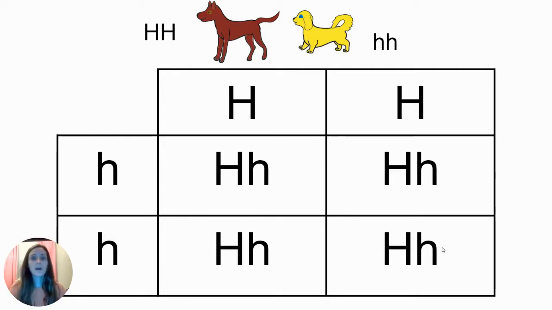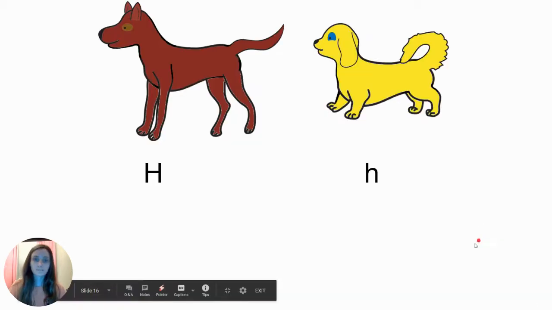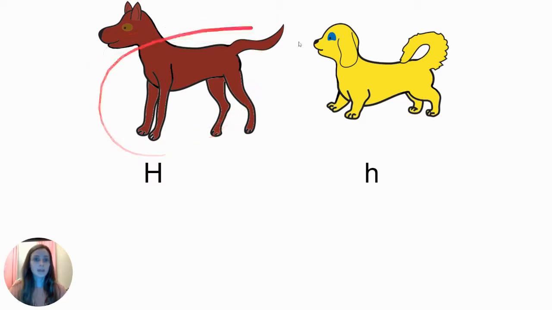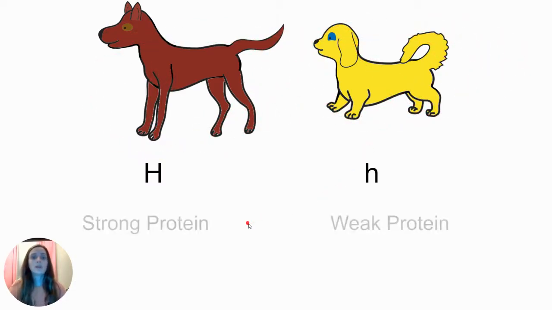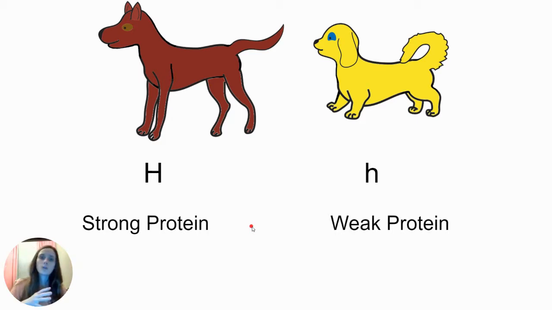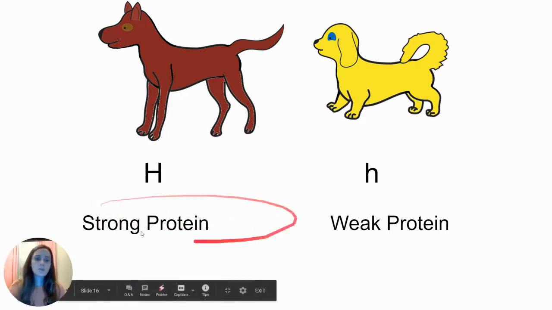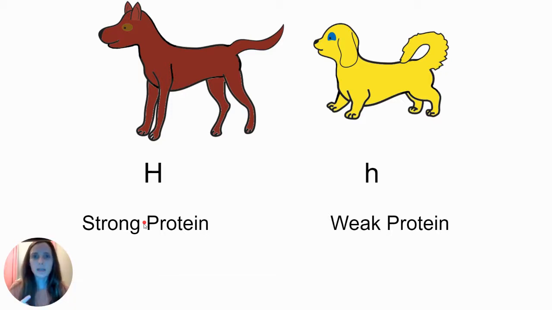Now let's talk about what that means for the phenotype. We know that the capital H stood for a tall height and that the lowercase h stood for a short height. And we talked about that as being a strong protein or a weak protein. But what does that really mean? What it means is that for the strong protein, only 1 copy of that protein is needed in order to show the trait.